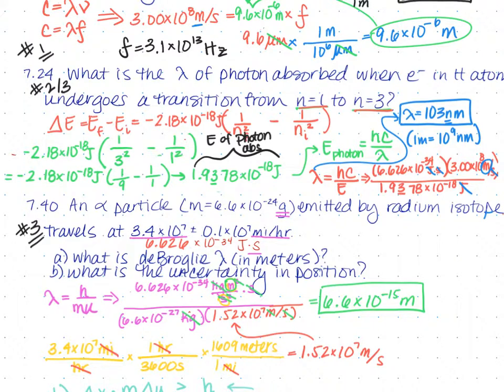So remember in 24, it asks for the wavelength of a photon that was absorbed. So I could have just as easily given you the wavelength of the photon and then asked you what transition that corresponds to. So for instance, I could say that the electron started at n equals 1, and I need you to solve for n equals the final position.